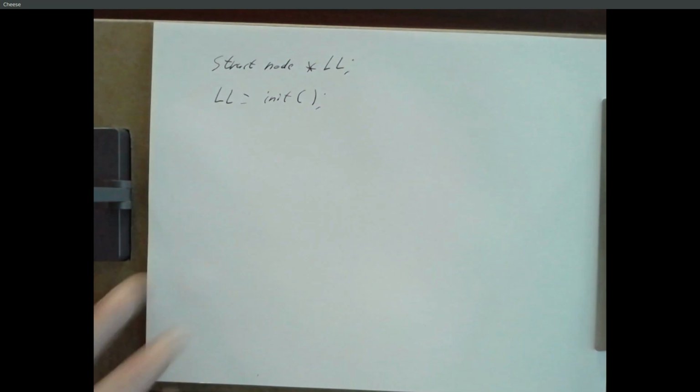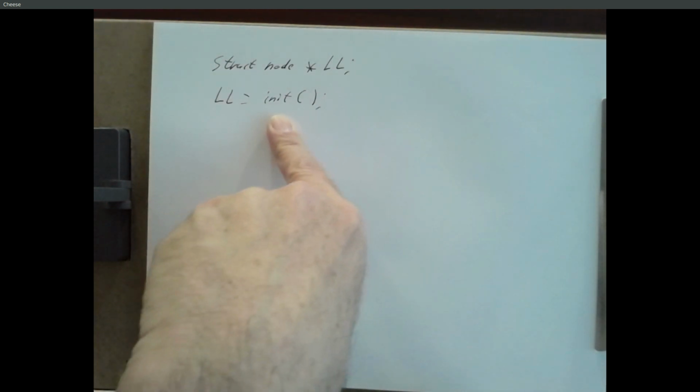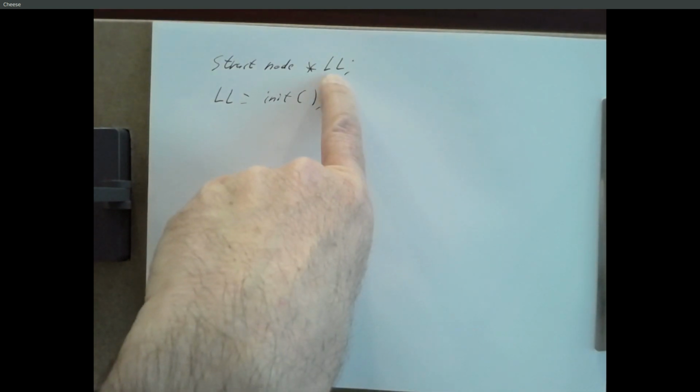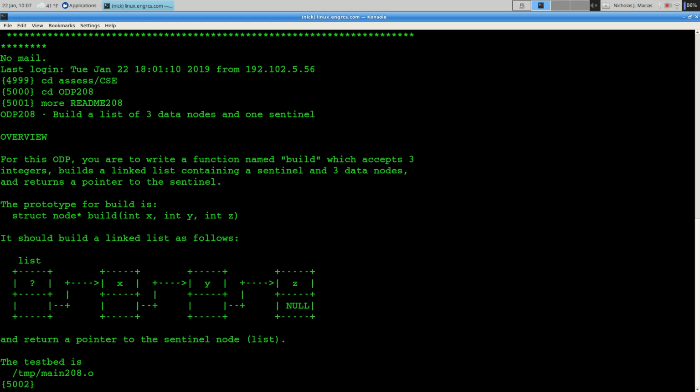And when you call your init function, that creates a node somewhere, puts some magic value in the data field if you like, sets the next field to null, returns the address of that node, and this statement right here will set LL equal to the address of that node, which is the sentinel. So now anytime you use LL, it's pointing to the sentinel. And you pass that to your functions and they do what they need to do.